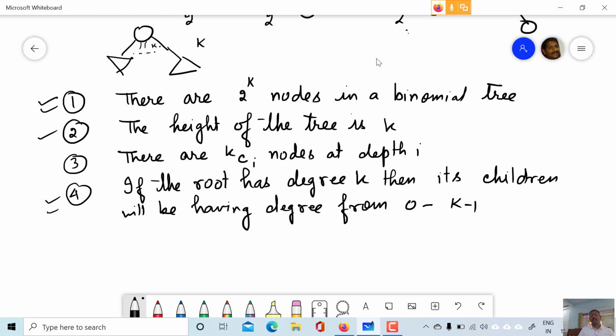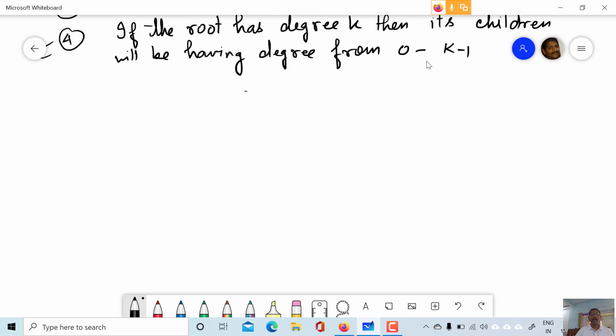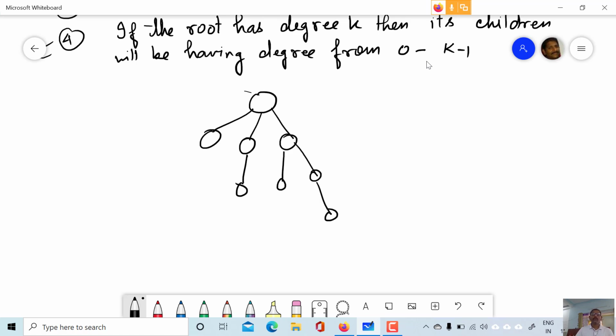So rule number 2 is saying that the height of the tree is k, and the third rule, which is a very important rule, says there are kCi nodes at depth i. I am making a binomial tree. This child is having degree 0, this child is having degree 1, this child is having degree 2, likewise this child is having degree 3.